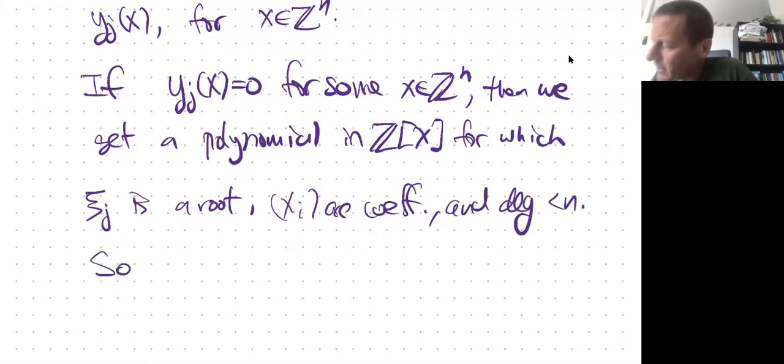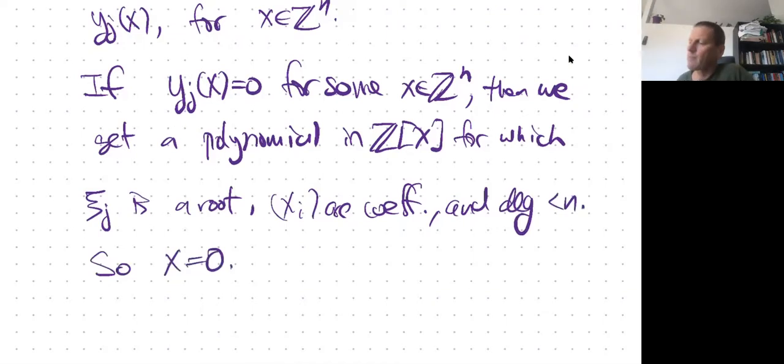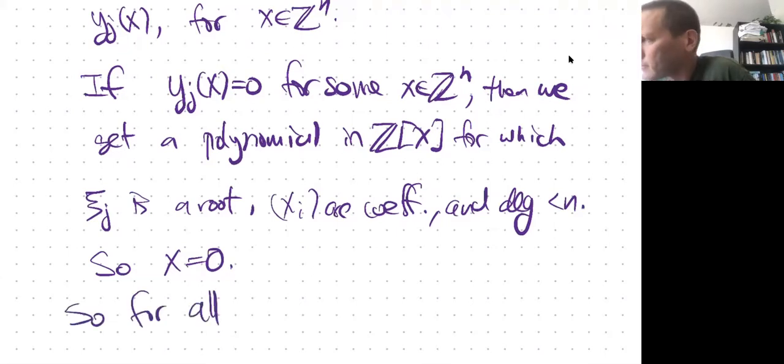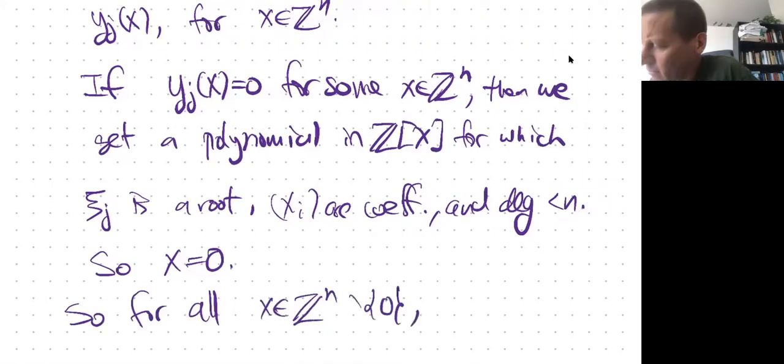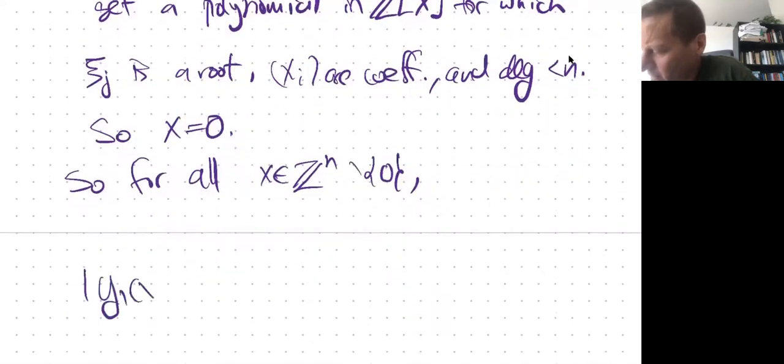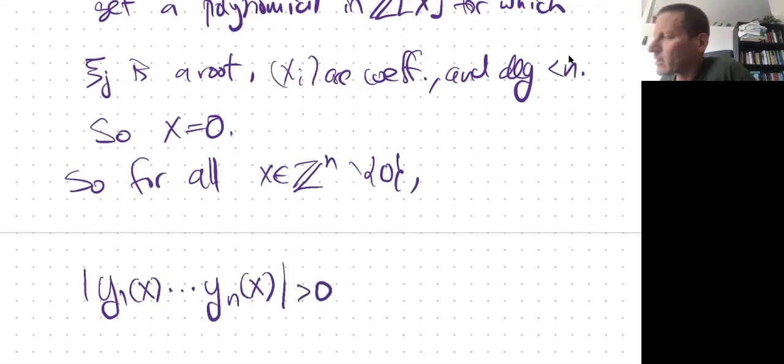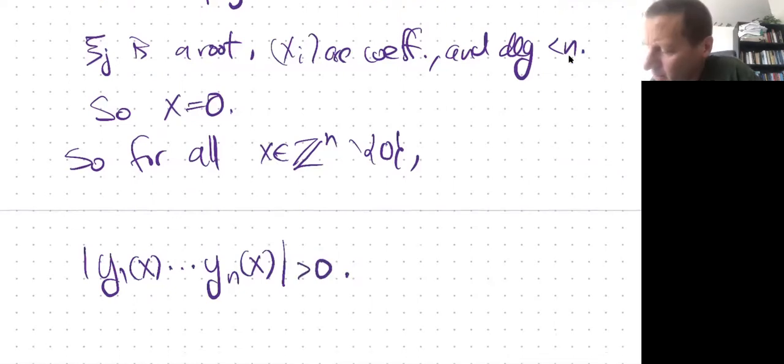So the only possibility is that this is the zero polynomial, which means that x is 0 as a vector. So non-zero integer vectors will not map yj to 0. And so this means that this is true.